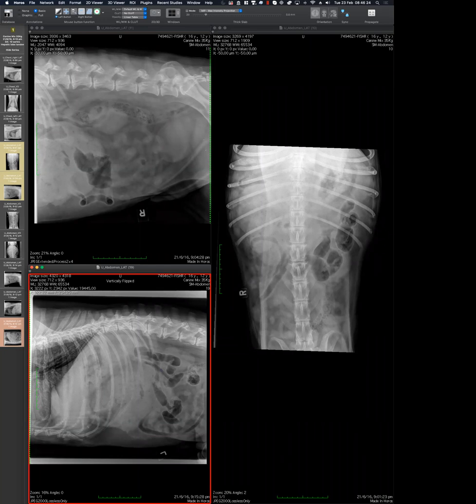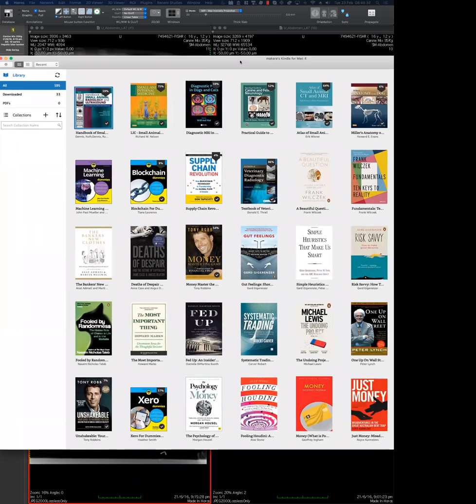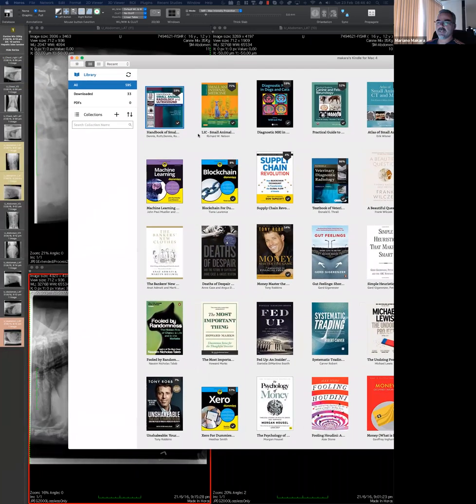Was it Thrall, T-H-R-A-L-L? Yes, that's the main diagnostic imaging textbook.